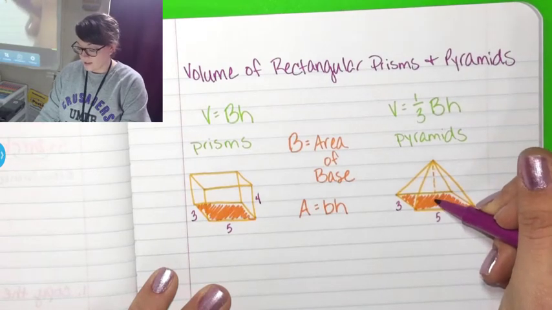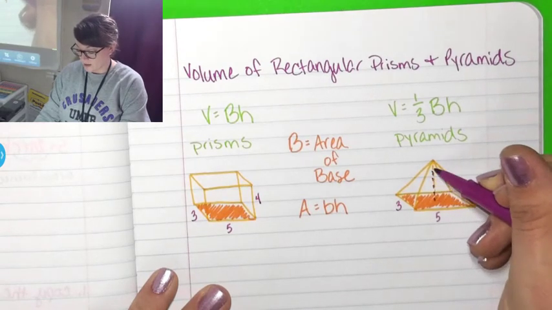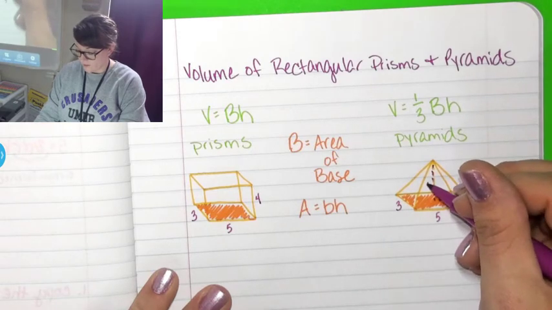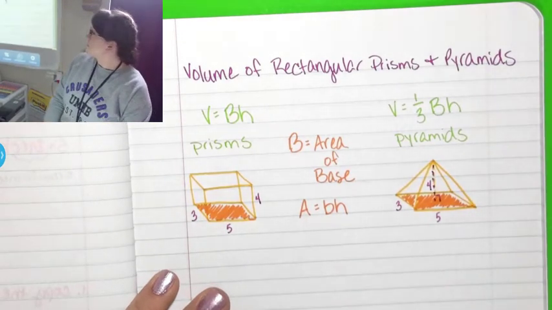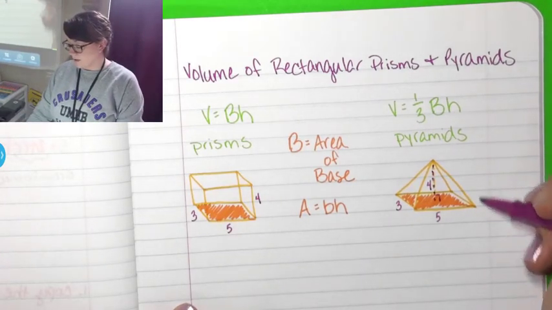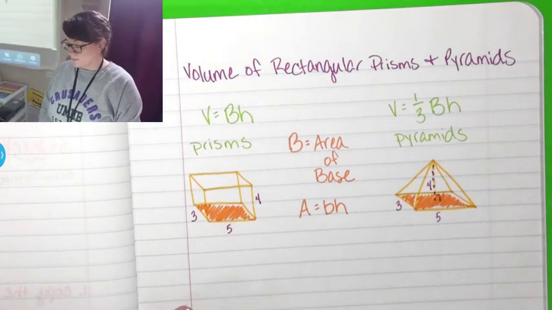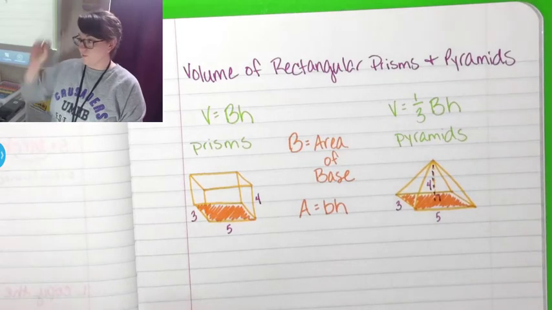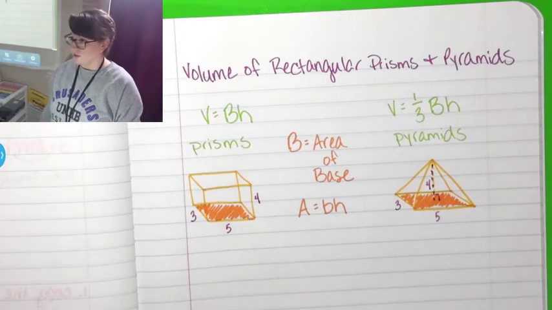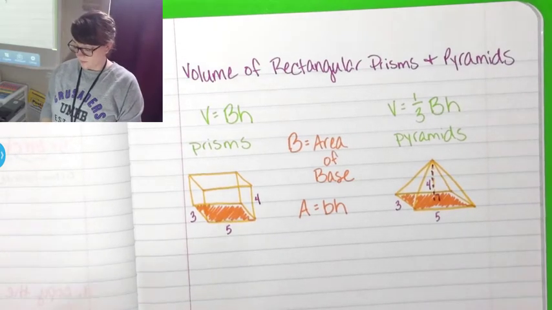It's on the dotted line. The dotted line is my height. It'll have a 90-degree sign at the bottom, and that is 4. Or it might be off to the side where it'll tell you from here to here is 4. But you're talking from tippy tip top, drop a line down the middle of the pyramid till it hits the floor. Like a ruler.